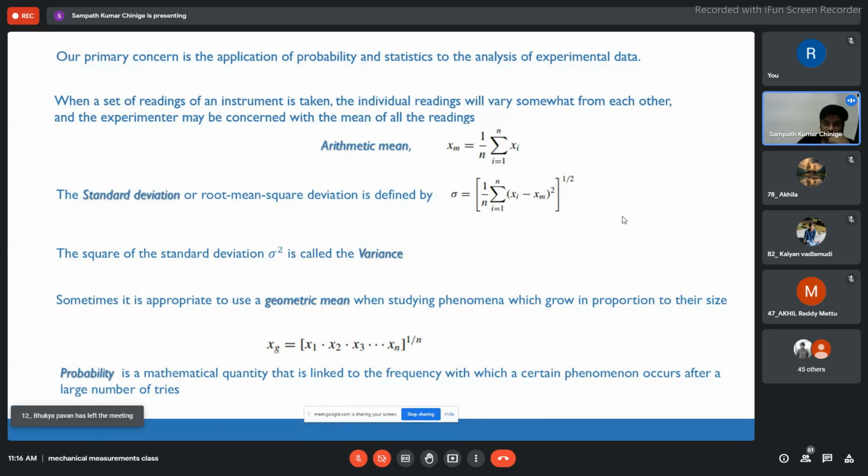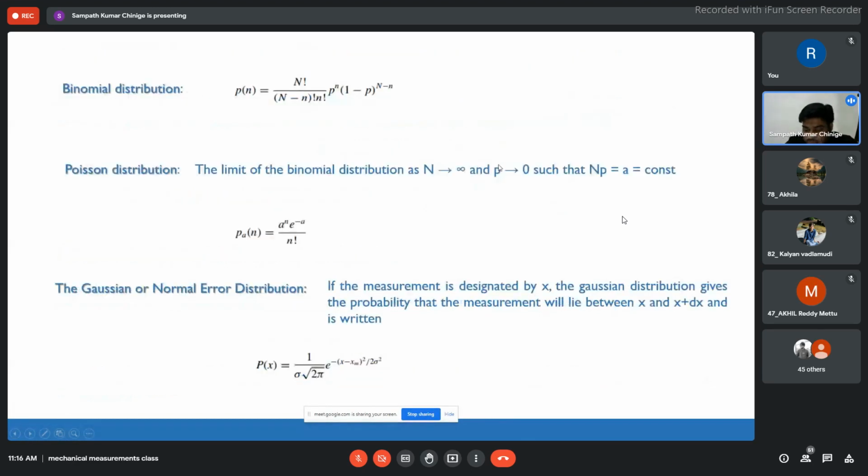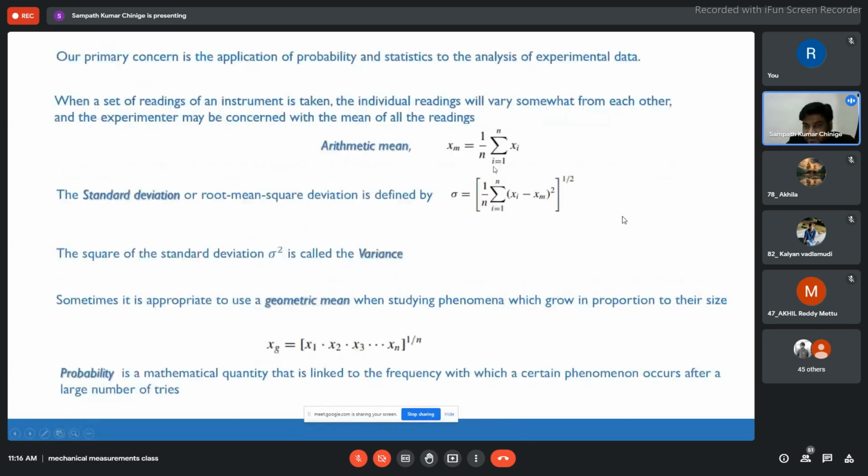So how do we find the arithmetic mean? It's nothing but the summation of all the individual readings xi, where i starts from 1 to n, that means x1 plus x2 plus x3 and so on, the whole divided by the number of readings. So that will give you the average.